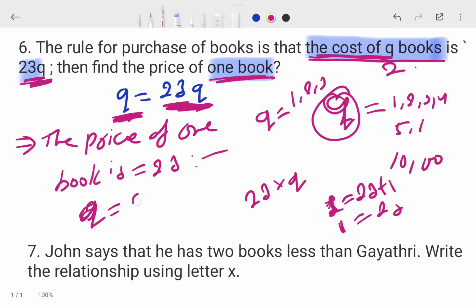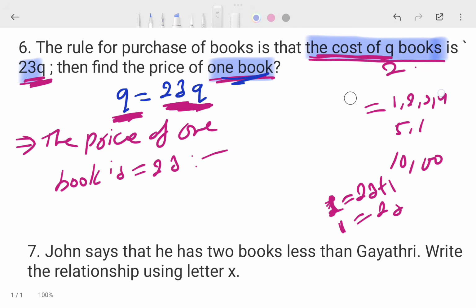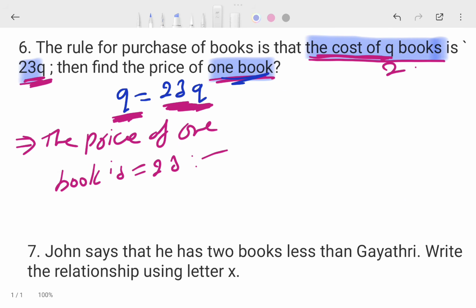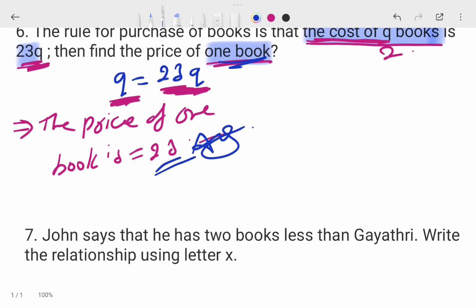So how many books do we need? We need only one book, so it is going to be 23 into 1, so it is going to be 23 only. So the price will be 23. Understand? I hope you understand this question. So the answer is 23. Is it clear?